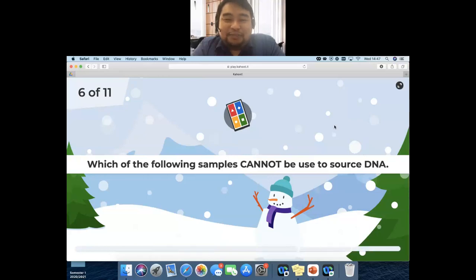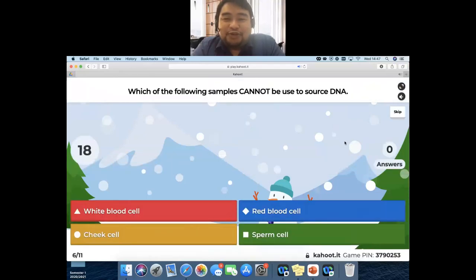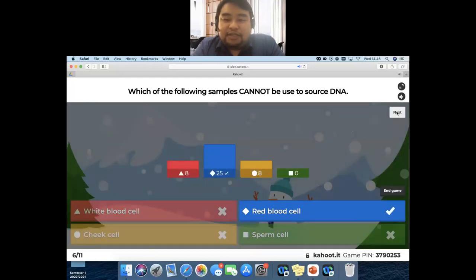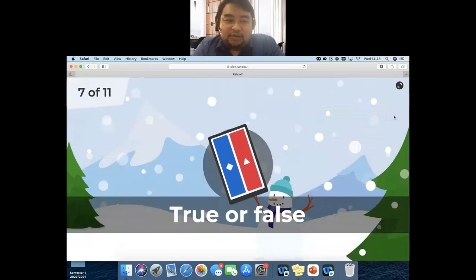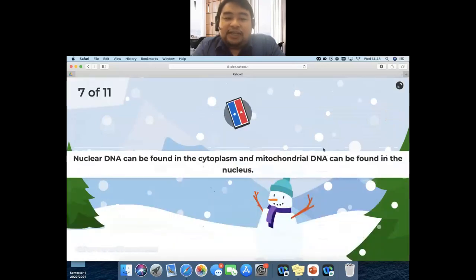Alright, which of the following samples cannot be used as a source of DNA? Alright, red blood cell, as I mentioned, red blood cell does not have any nucleus. Okay, nuclear DNA can be found in the cytoplasm and mitochondrial DNA can be found in the nucleus. True or false?